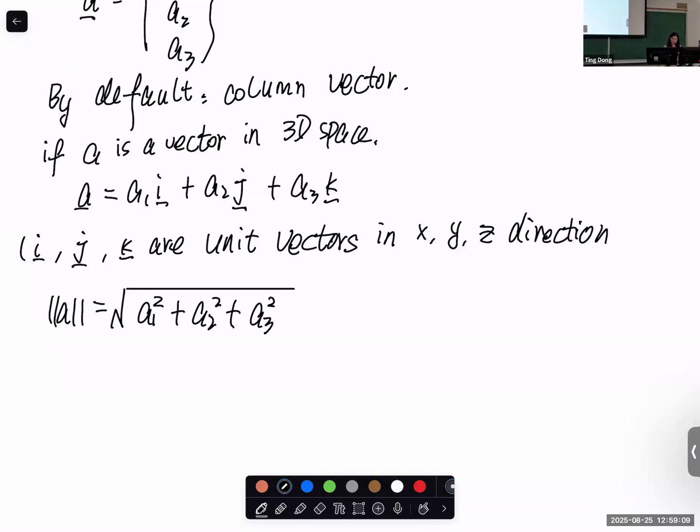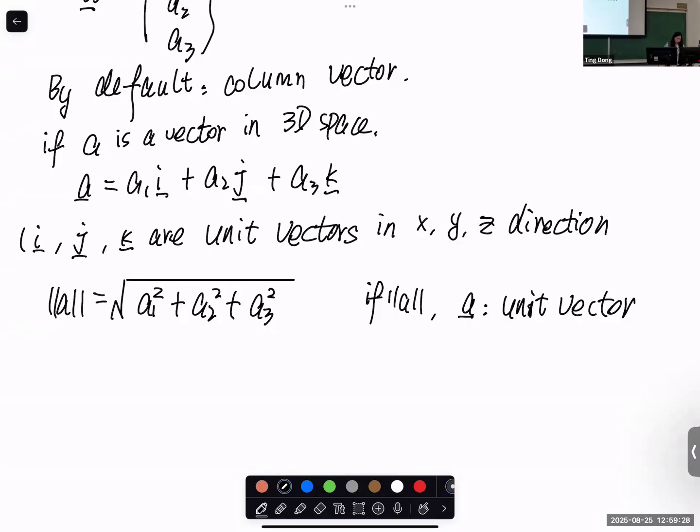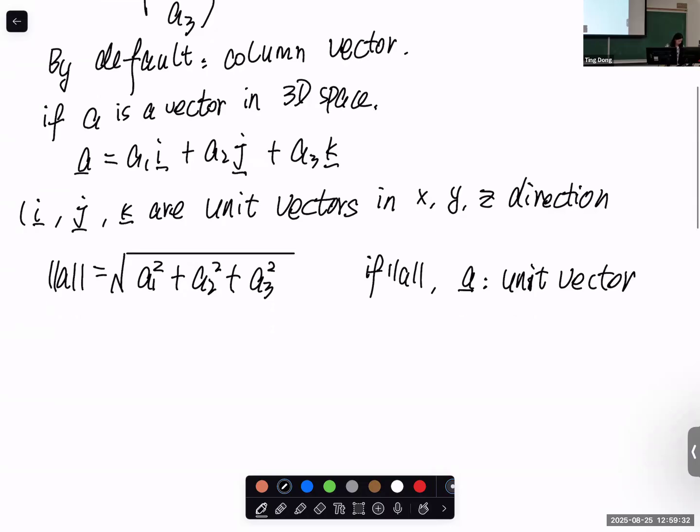Or we can also apply this to the displacement in three-space. And of course, if this magnitude equals 1, it becomes a unit vector. So this is the vector part, and let's talk about the vector operation.